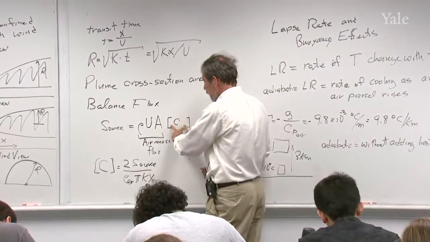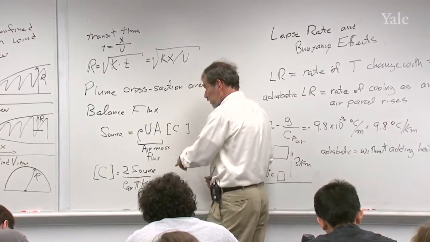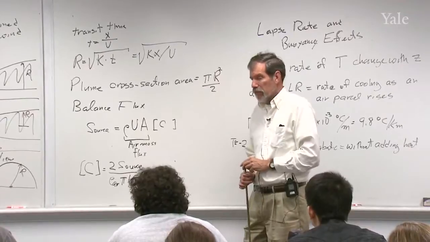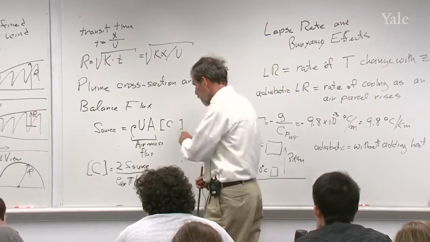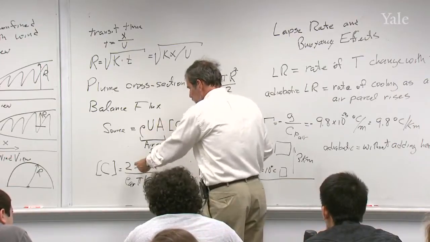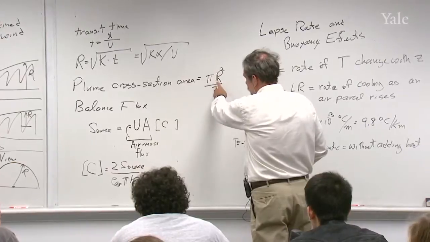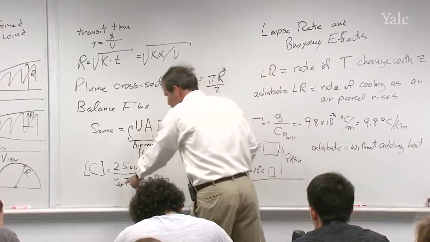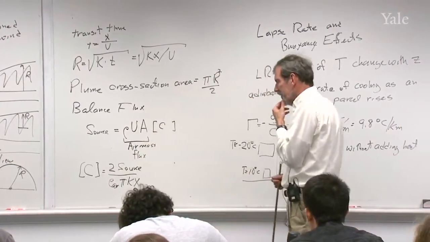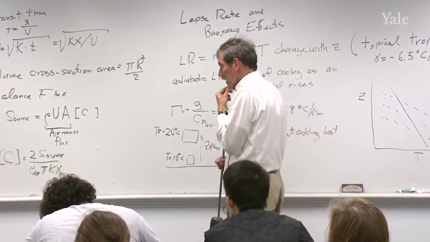And I just have to multiply that times the concentration to convert that from an air mass flux to a pollutant mass flux. So then solving this formula for concentration, I get 2 times the source, which I've plugged in there as well, divided by the density of the air, divided by pi times k times x.